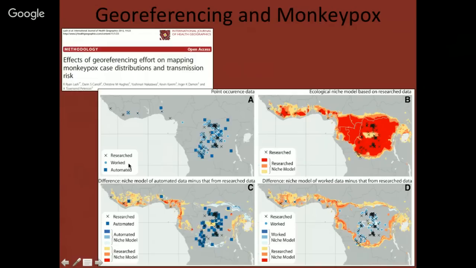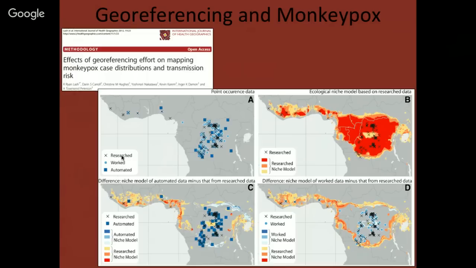So this is a person knowledgeable about African geography, using place names and locating each of the place names. And the third was what we could call researched. And essentially this is when somebody had access to very detailed original data records and went through each record exhaustively.